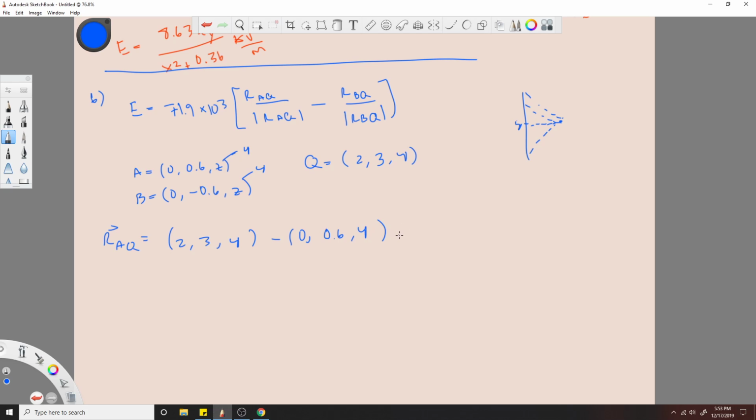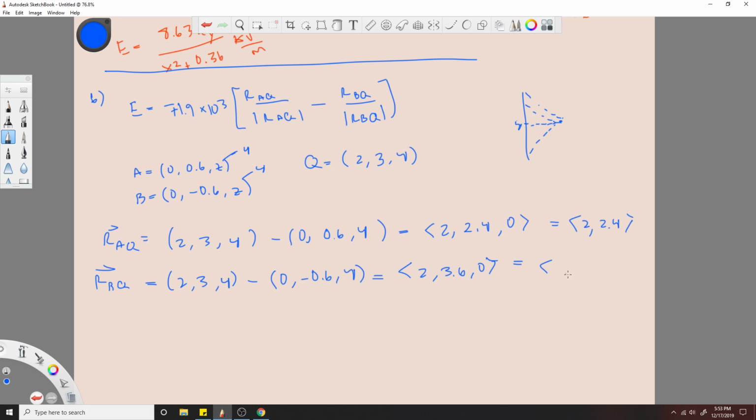So then RAQ equals 2, 2.4, 0, which is 2, 2.4. And RBQ equals 2, 3, 4 minus 0, negative 0.6, 4, which equals 2, 3.6, 0, which is 2, 3.6.